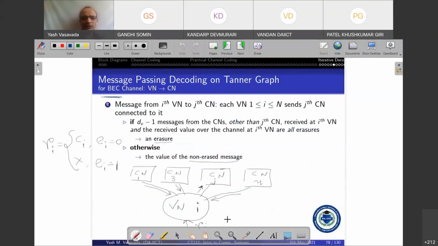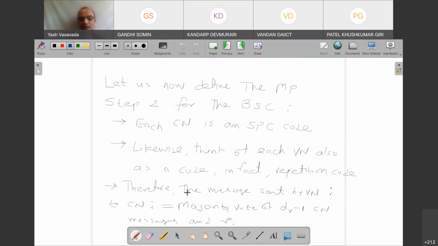In fact, it's maybe simpler than BEC. For BEC, you have to check, are all of them erasures? If yes, then I have to send erase. If not, then I will send the value of the non-erased message. So there is some if-else statement that you have to implement in your program. Here, there is no if-else statement. All you do is just majority vote.